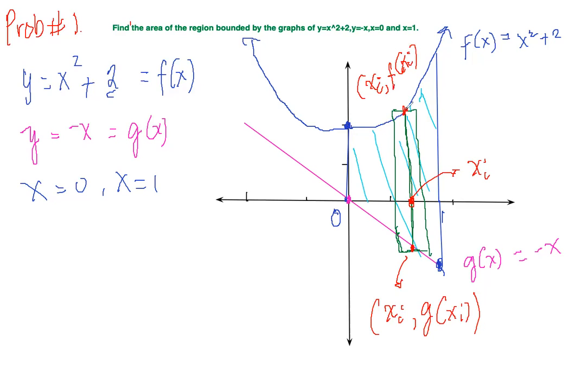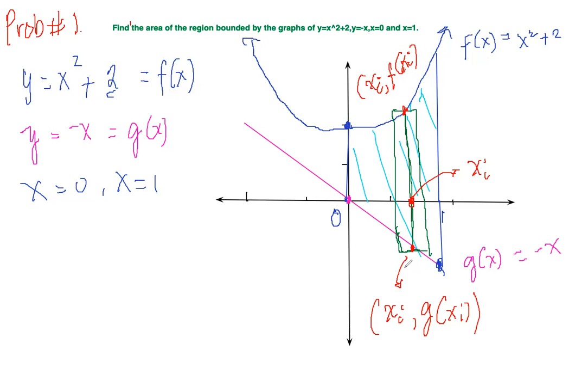Why? Because this point touches the f of x, while this point below touches the g of x. So we have already identified a rectangular strip, and this is just one of the infinite number of strips that we have in this region for us to calculate the exact value of the area of the shaded region, right?